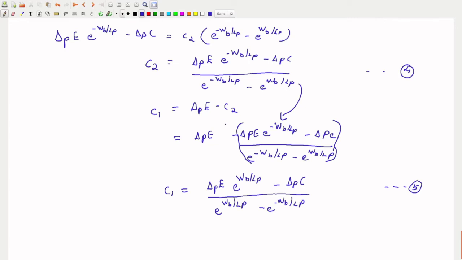So the two equations, or the solutions for the constants C1 and C2, are obtained, and now you can substitute these values in the solution equation.